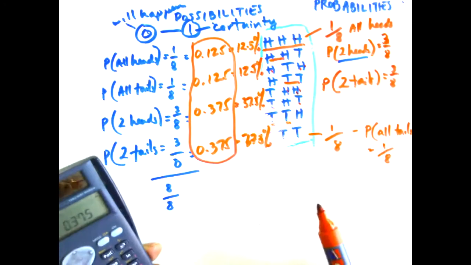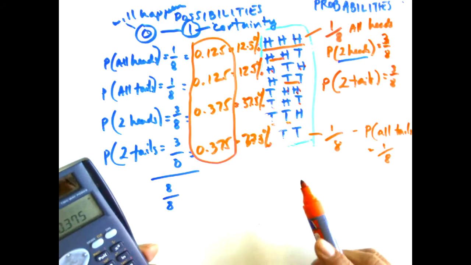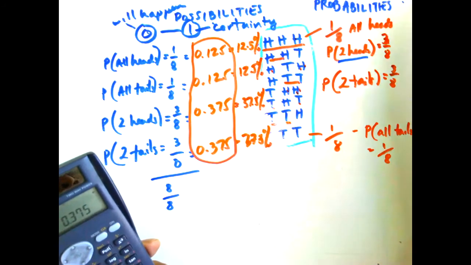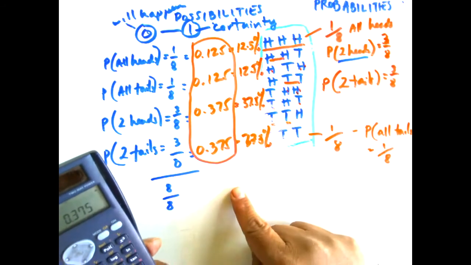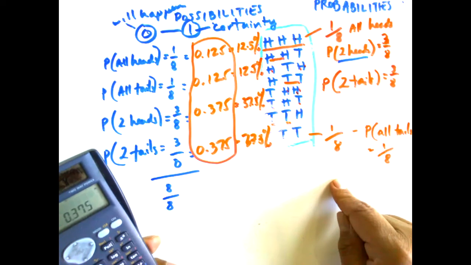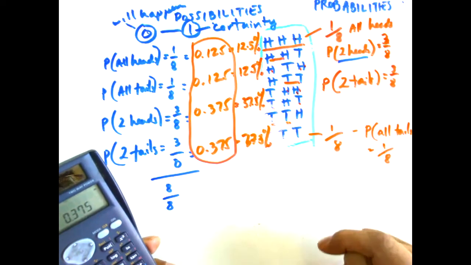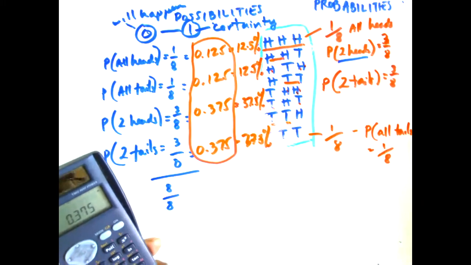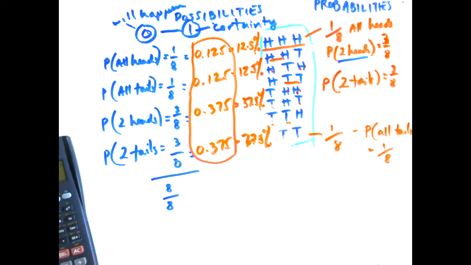Now, I want to give you a homework so that it will help us understand the difference between probabilities and statistics. And this is really key. So, what I'd like to do is a homework on the tossing of coins.